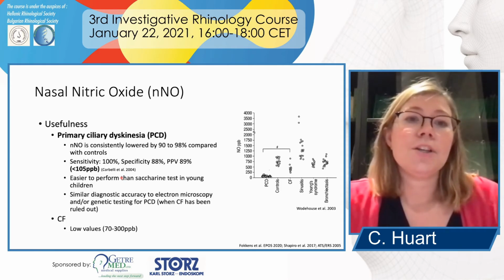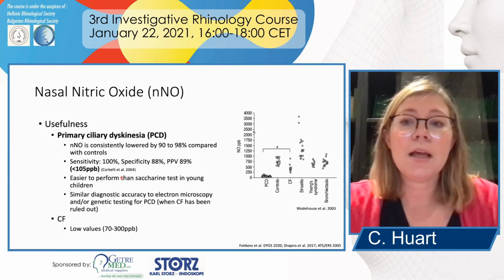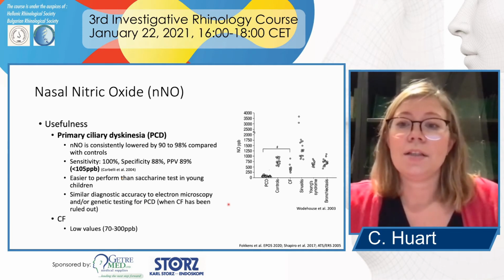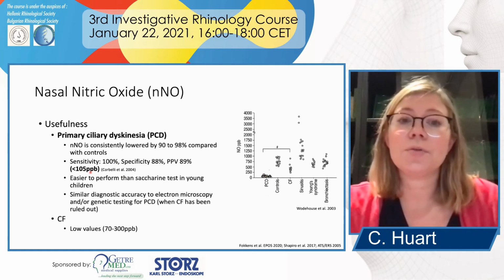The main indication of nasal NO is probably in the assessment of primary ciliary dyskinesia, so PCD, because as you can see in this figure, nasal nitric oxide in these patients is consistently lowered compared to controls. If the level is lower than 105 ppb, it has a sensitivity of 100% and a specificity of 88% to diagnose PCD.